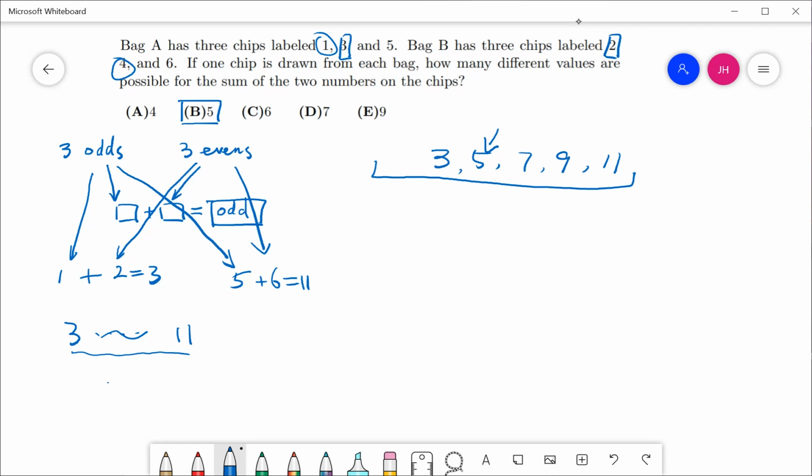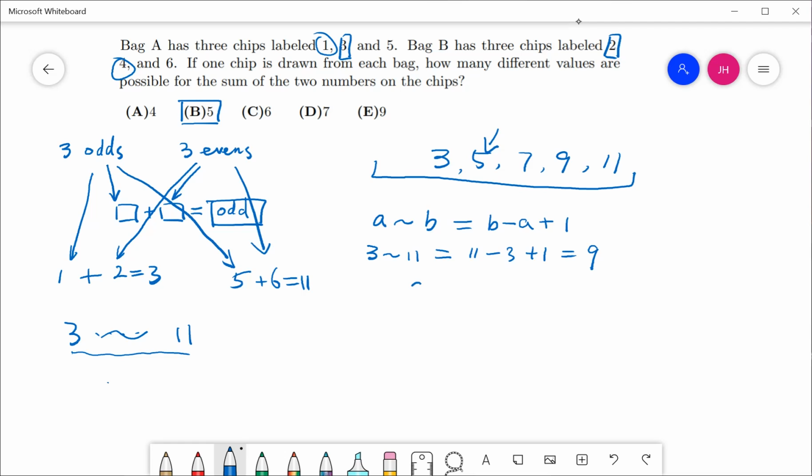We all know that from an integer A to an integer B, the total number of integers is B minus A plus 1. Of course, we assume B is greater than A. Then for 3 to 11, there are 11 minus 3 plus 1, which equals 9 integers. And we want to know how many odd numbers there are in this range.